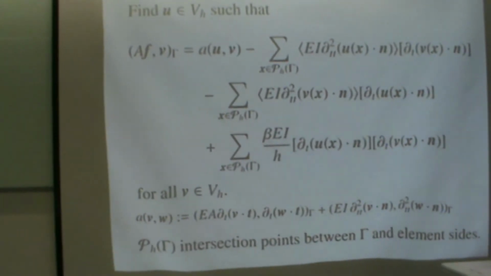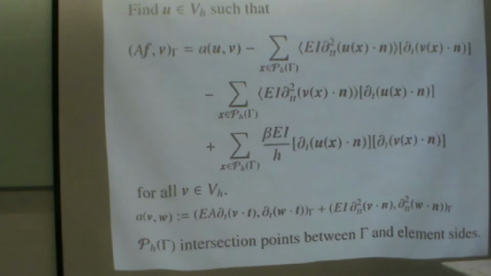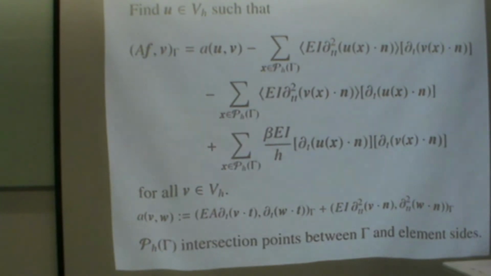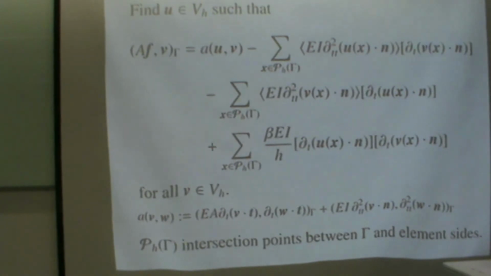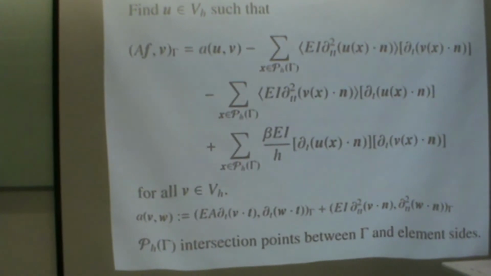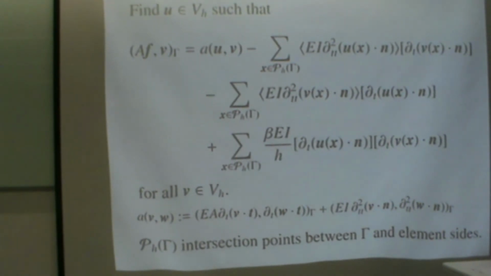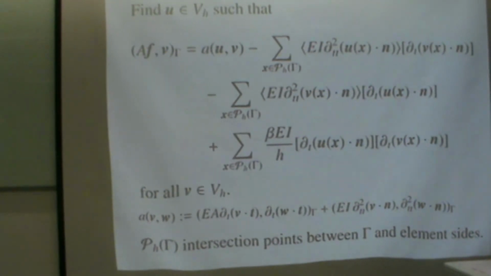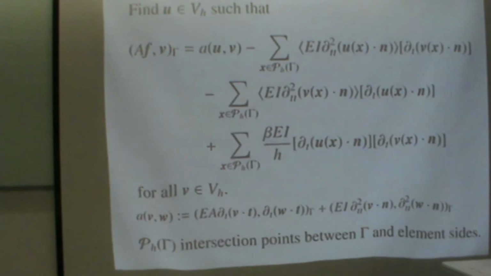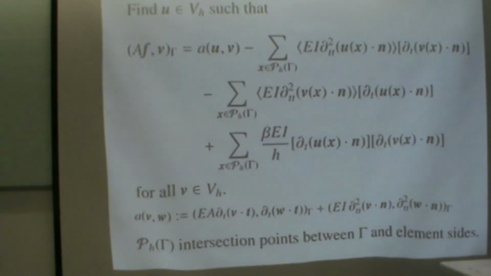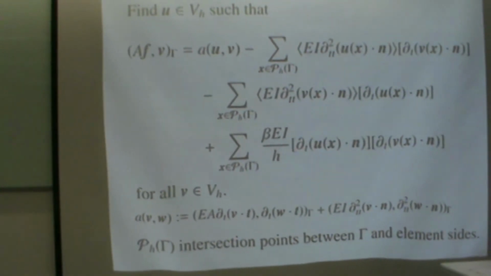So we have discontinuous rotations. So the Nitsche method works only on the rotations, because the displacement itself is continuous. And then we have sort of the contributions from the membrane, the contribution from the interior of the beams. And this here is simply the intersection points between gamma and the element borders, the bulk element borders.